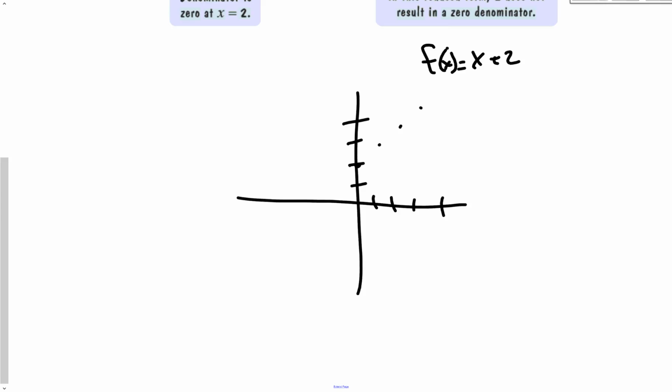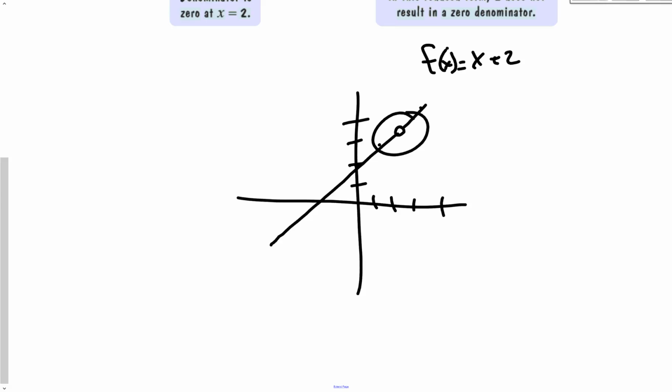It's just a line. The trick is, at x equal to 2, at this point right here, instead of putting a dot, I would put a hole in the function. So this is what my graph looks like. It looks like a normal line, except for this one place where there's a break in the function.